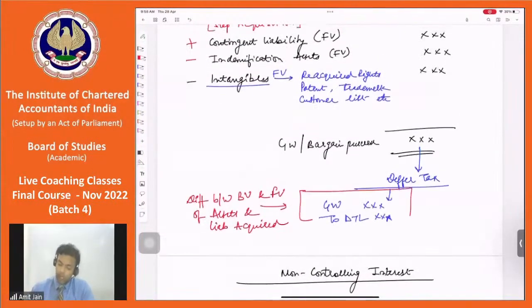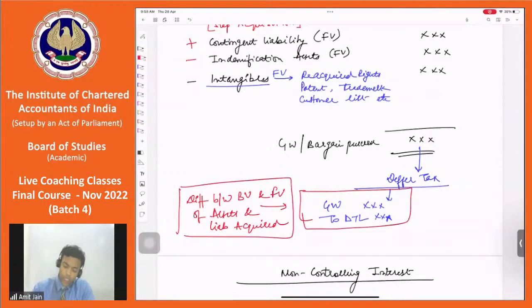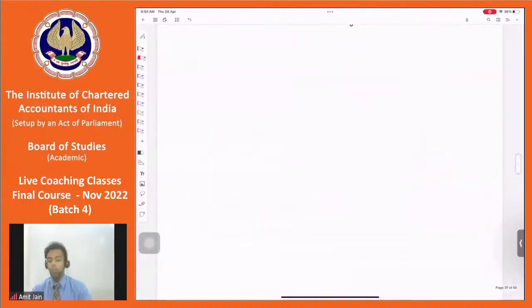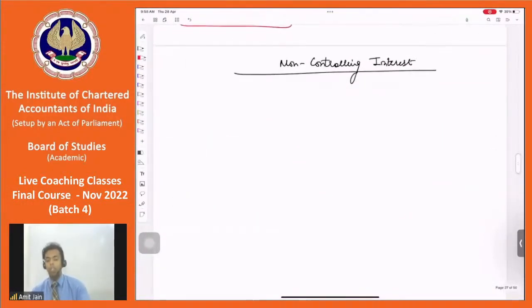You are absolutely correct. Right? But the difference which we are recognizing is only to the extent of tax rate. Correct? Because deferred tax we are computing to the extent of taxable profits or to the extent of tax rate.